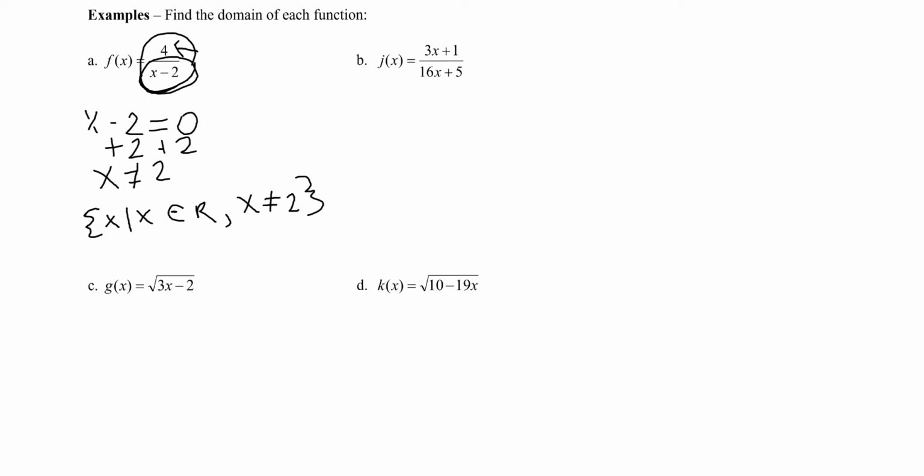With B, again, we have a fraction. I am not concerned with the numerator because I'm finding the domain. The numerator can be 0, so that's not a worry. It's only the denominator I'm worried about because it can't be 0. So we'll take our 16x plus 5 and make that equal to 0 and solve. So we'll subtract 5 from both sides.